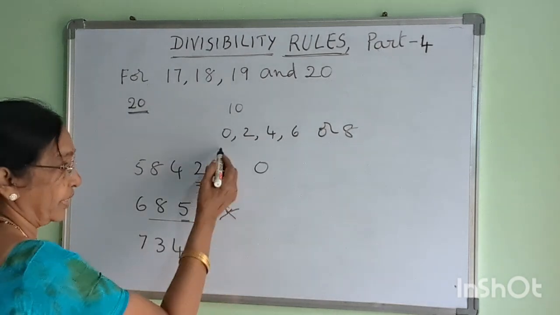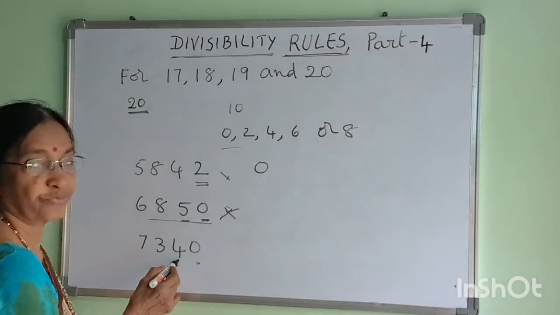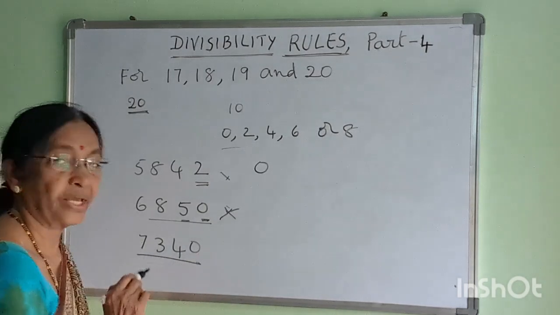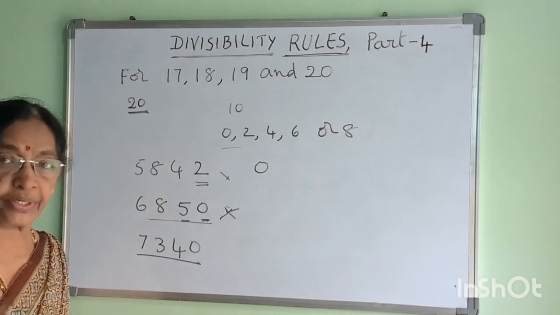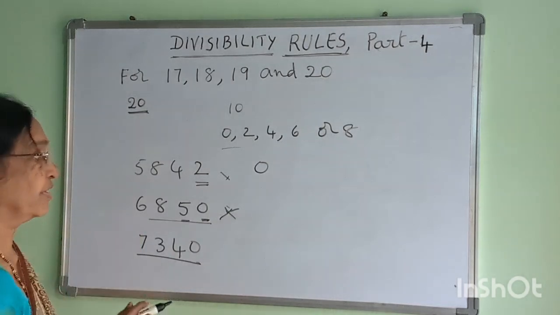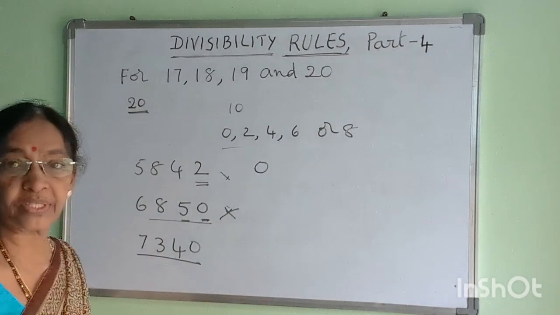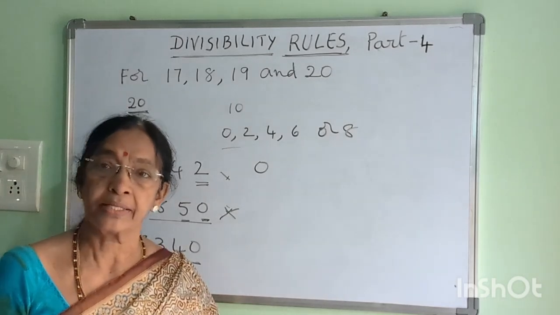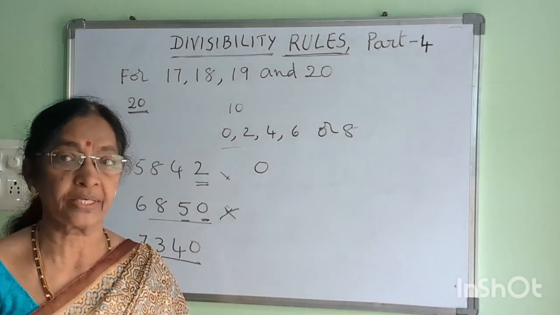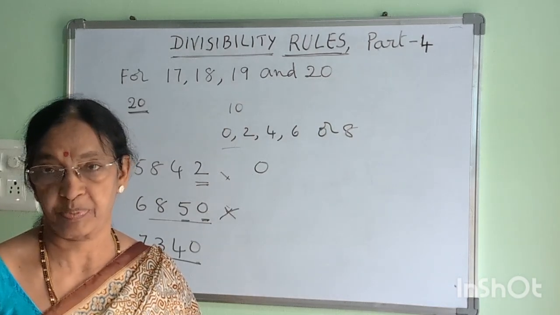So here it is 4, an even number, divisible by 2. Therefore this number is divisible by 20. So there are two conditions to be satisfied. One is 0 must be there in the units place and the other is an even number or 0 must be there in the tens place.